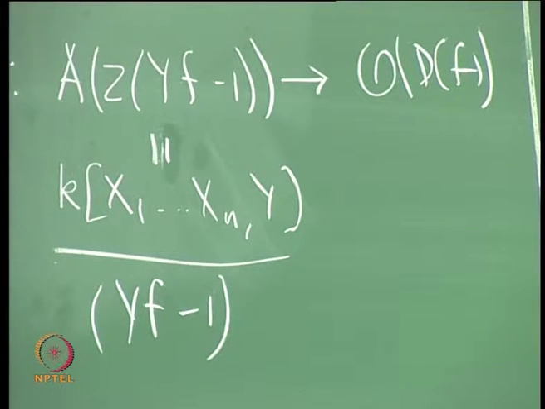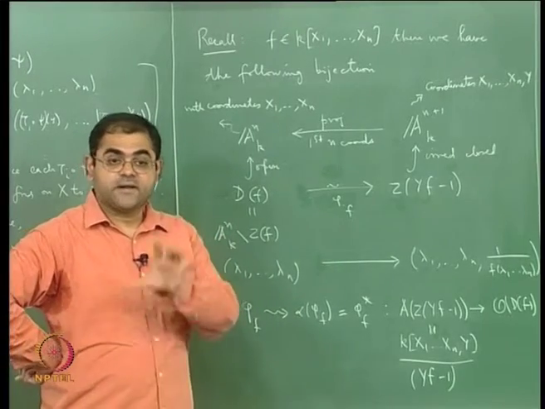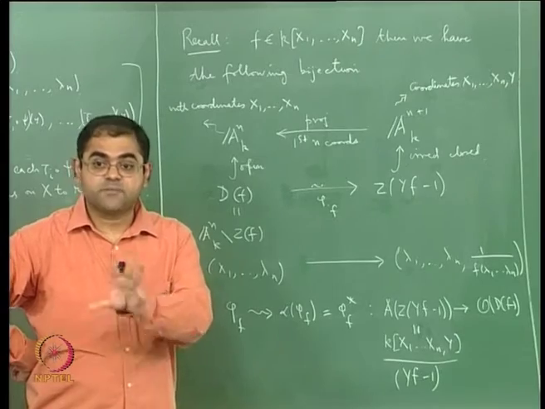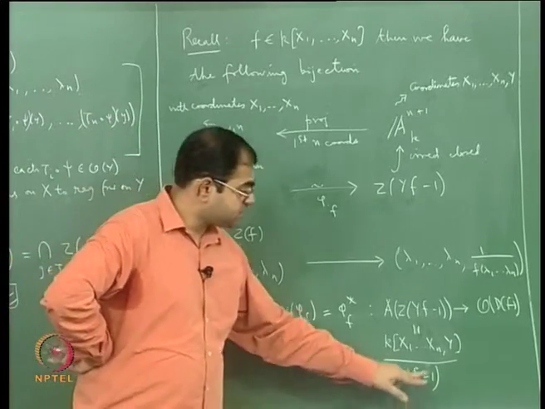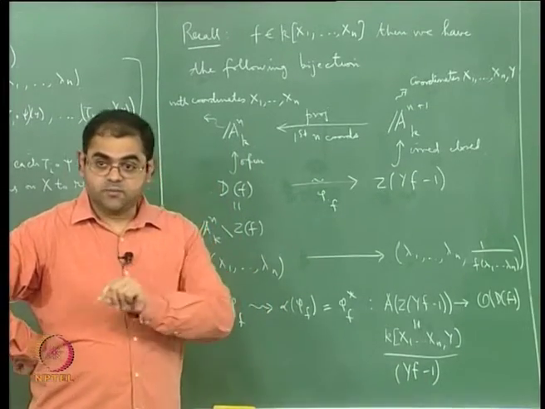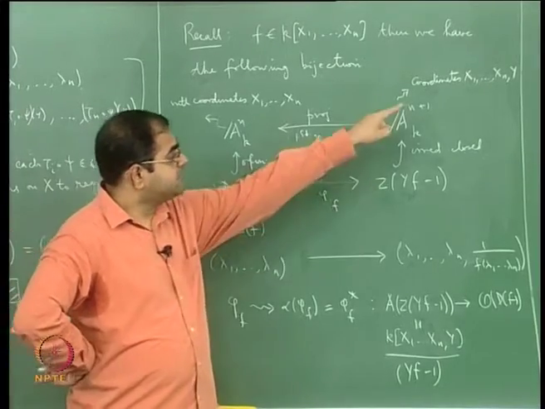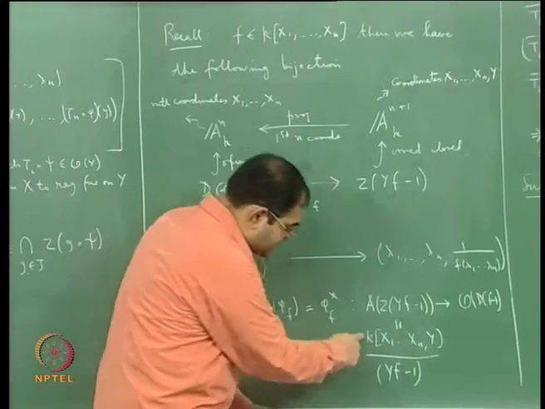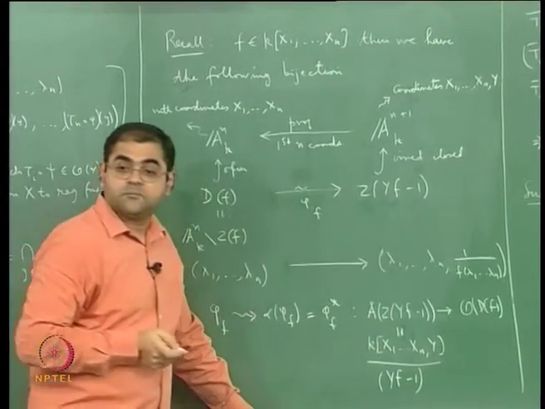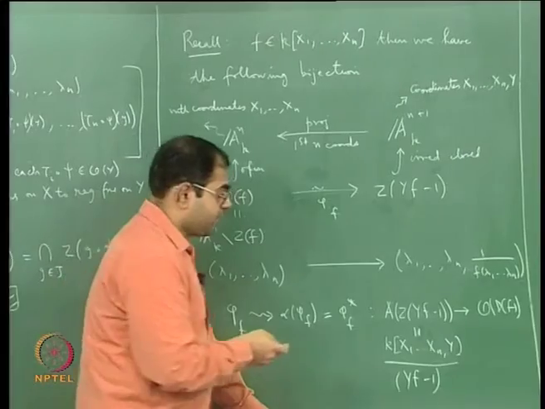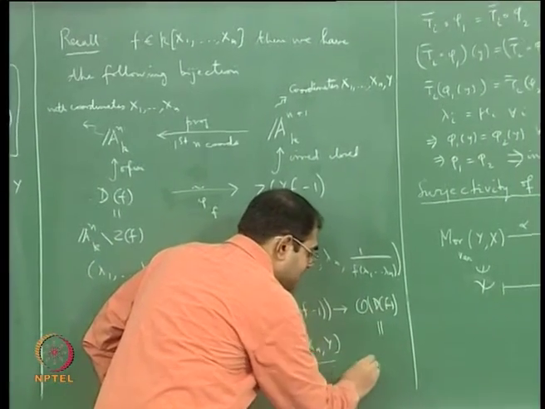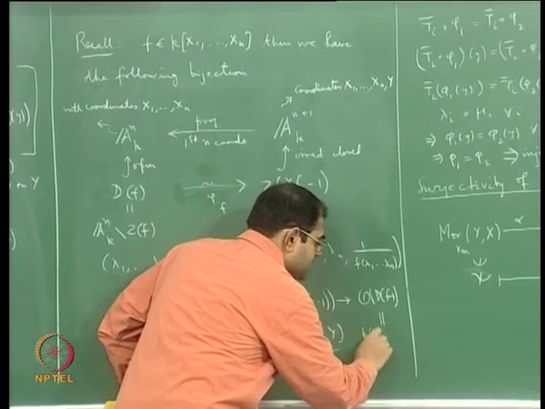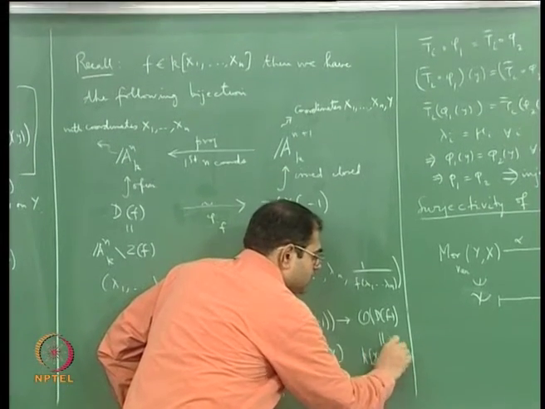But the radical of the ideal generated by yf minus 1 is the ideal generated by yf minus 1 because yf minus 1 is a prime ideal, and that is because yf minus 1 is an irreducible polynomial sitting inside this polynomial ring which is a UFD. Okay, so this is the ring of functions, and I want you to check that this is the same as the polynomial ring in n variables localized at f.